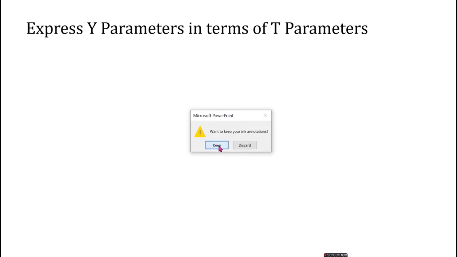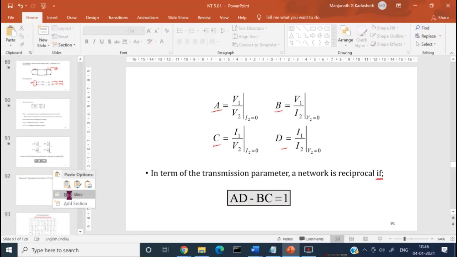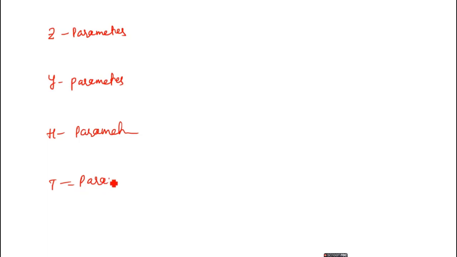Okay. Before that, let us write all 4 equations here. That is needed here. First, we discussed Z parameters, Y parameters, H parameters, then T parameters. In Z parameters, V1 and V2 are expressed in terms of I1 and I2.